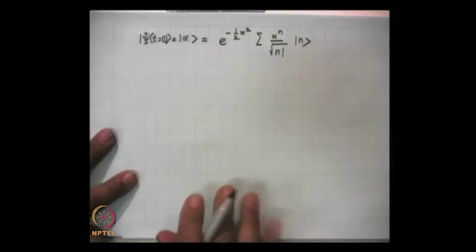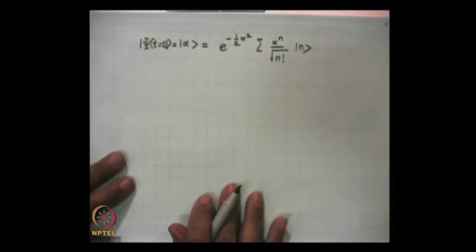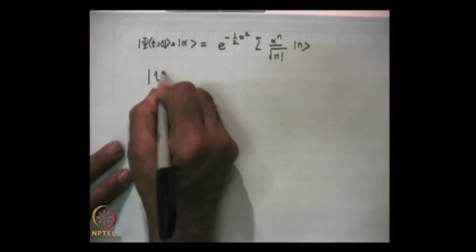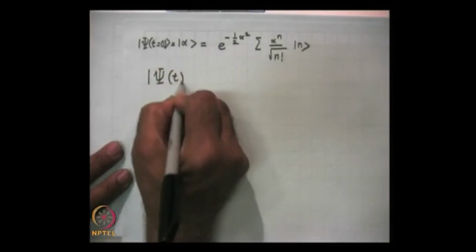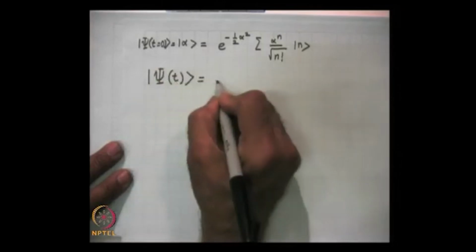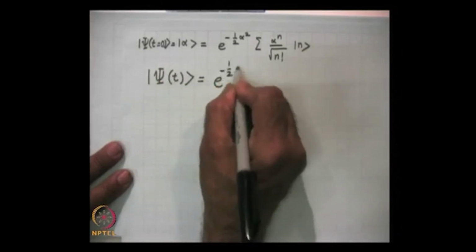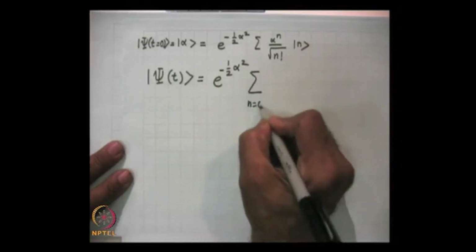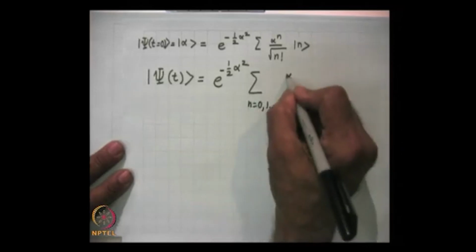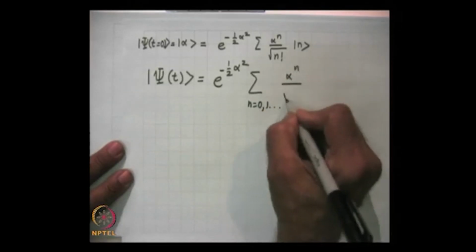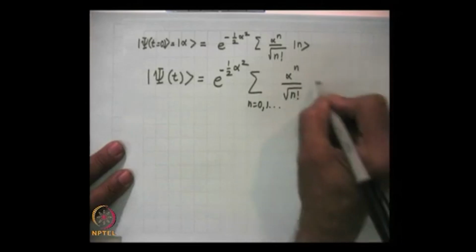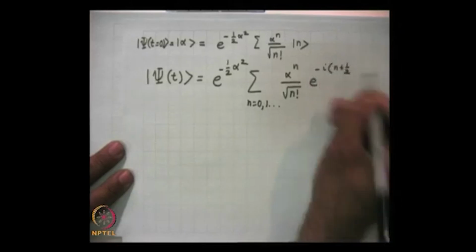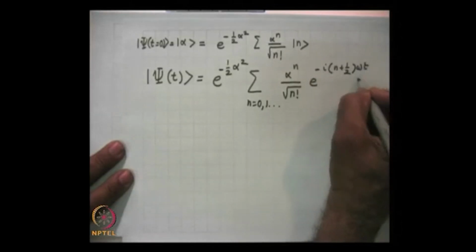This is the initial state of the oscillator. How will it evolve with time? So, psi of t will be equal to e to the power of minus half alpha square summation, n equal to 0, 1, 2, 3, alpha to the power of n divided by square root of n factorial e to the power of minus i n plus half omega t ket n.